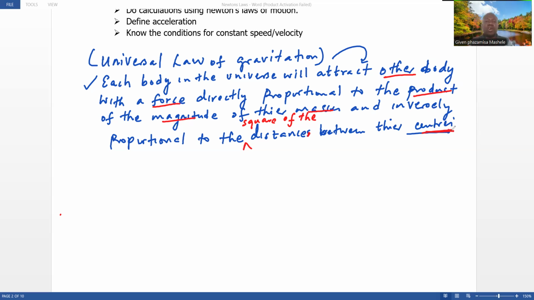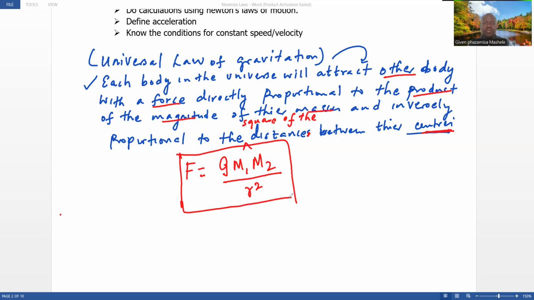This is the universal law of gravitation, which says that F equals G m1 m2 divided by r squared, where G is the universal constant, m1 and m2 are the masses in kilograms, and r is the distance between them.